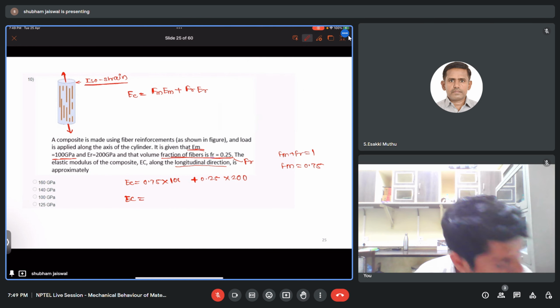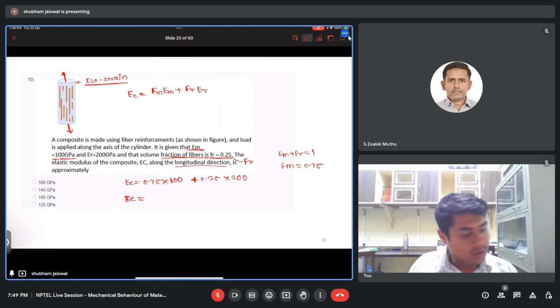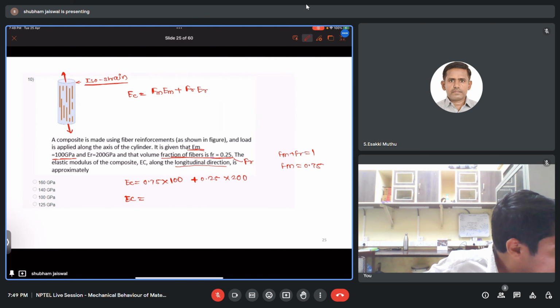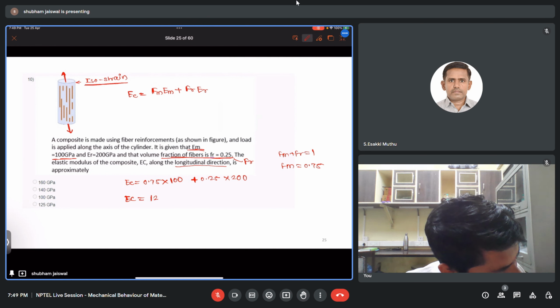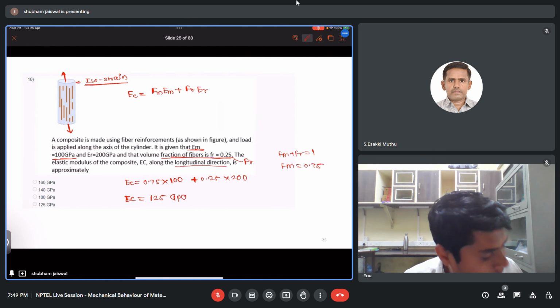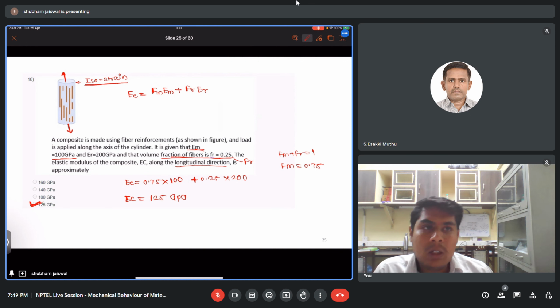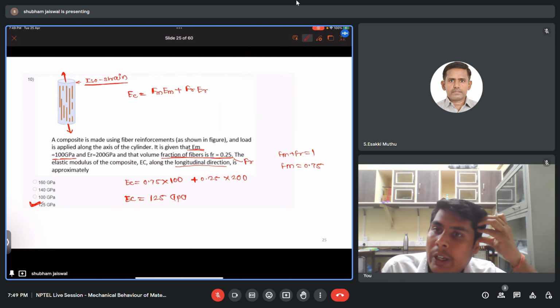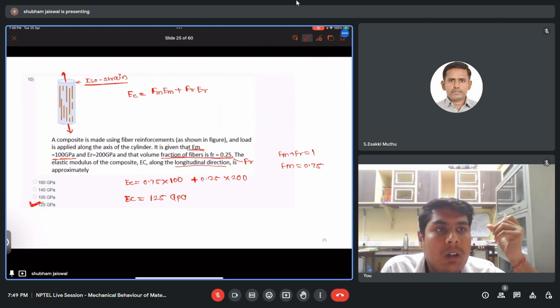It will be 100. So this will be 75, and this one, it will be around 125 GPa. So the correct answer will be the last one. Okay, so this is the end of our assignment 12.